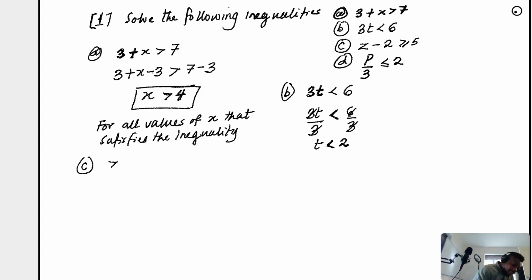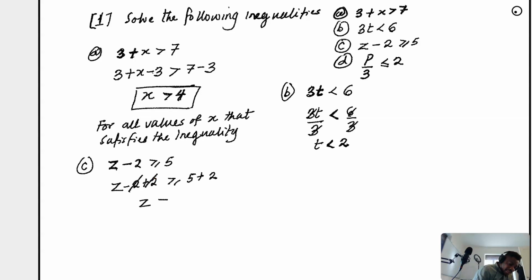C. z minus 2 is greater than or equal to 5. Now, I want only z to remain here. So I will add to both sides the opposite of minus 2, and that is plus 2. So z minus 2 plus 2, and 5 plus 2. So this one cancels this one.